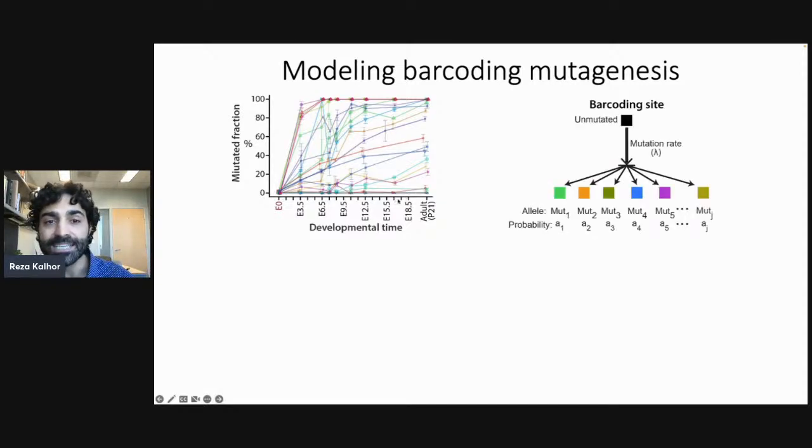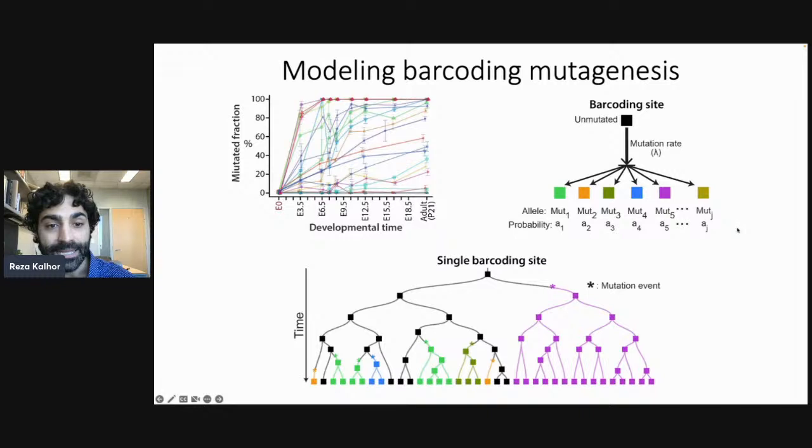So based on this, we established a barcoding model where a barcoding site mutates at a constant rate according to a Poisson point process. And once it mutates, it gives rise to a number of different mutant alleles, each with its own emergence probability.